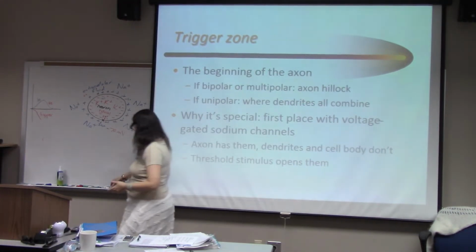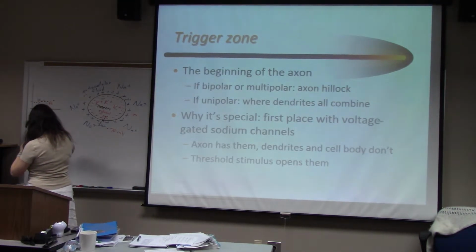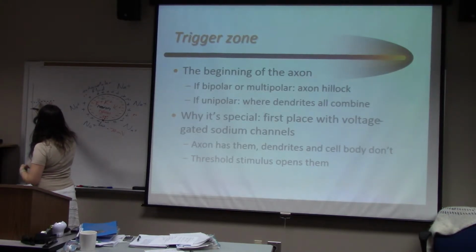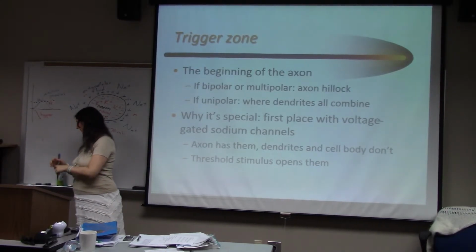And that's often shown as a dotted line. And if you depolarize to that point, then you'll have an action potential.